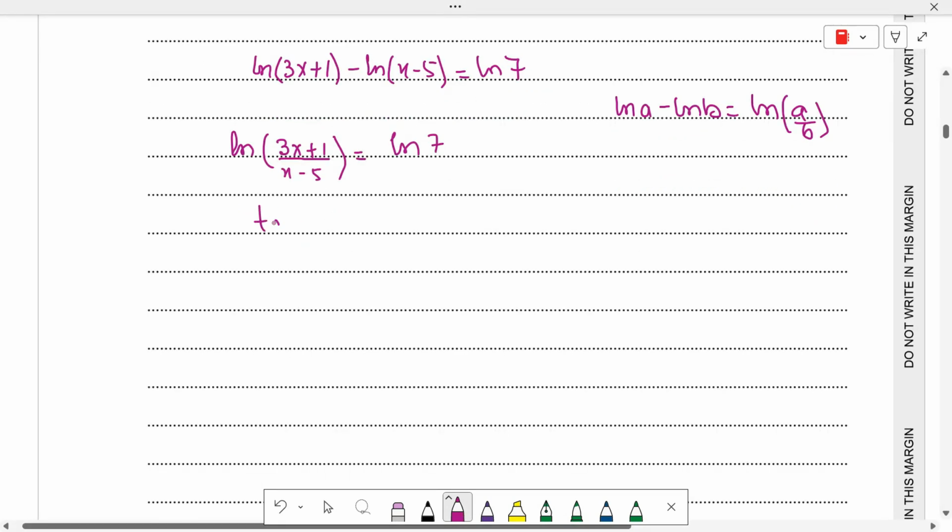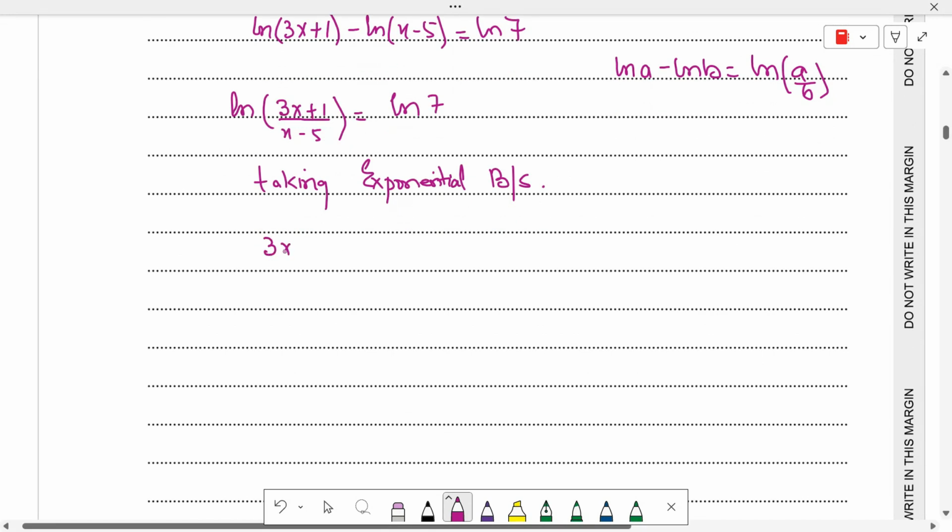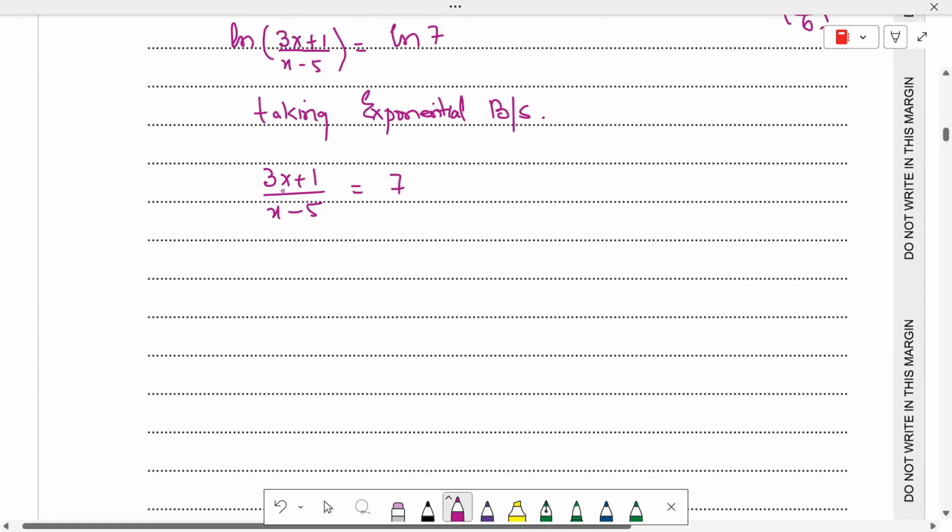Taking exponent of both sides, we have (3x + 1) over (x - 5) equals 7. Now we have this equation.